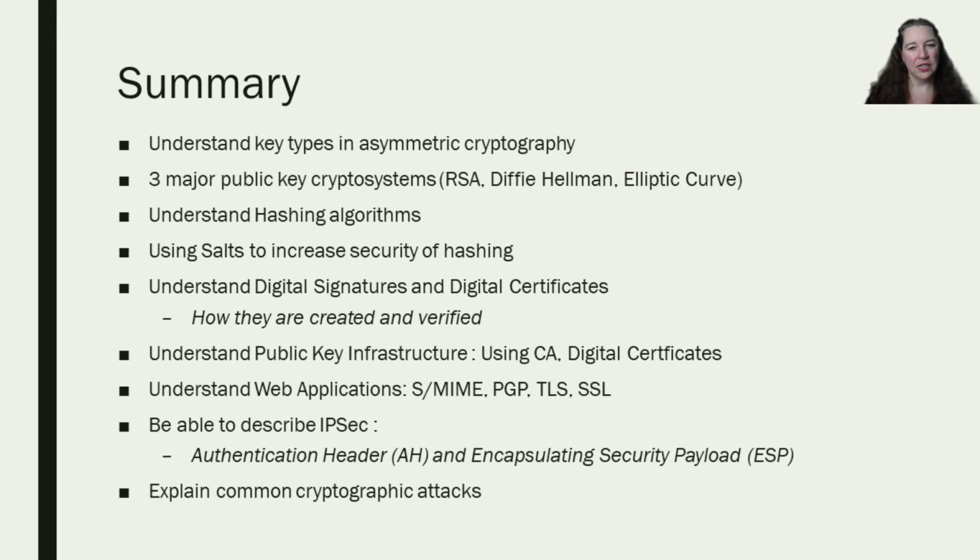Understanding how digital signatures and digital certificates are created and verified using the public key infrastructure of certificate authorities. So digital certificates through certificate authorities, understanding your web applications using your TLS and your SSL, your S/MIME, and your PGP, being able to describe IPsec with your authentication header and your ESP, and explaining some of your common cryptographic attacks.